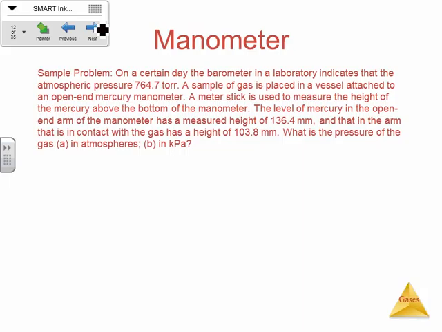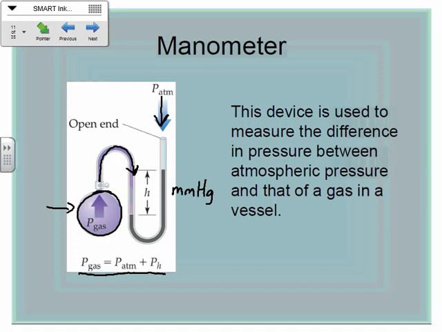And then they're using a meter stick to measure the height of the mercury above the bottom. And they're telling you the heights on both of the arms here. Okay? And they want to know the pressure of the gas in atmospheres and in kilopascals. Okay, I don't know if you remember this from last year, but the thing that I always told my students was draw a picture of these. Okay, it's much easier if you draw a picture.